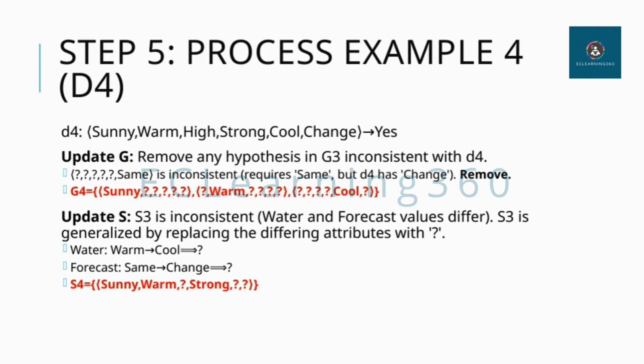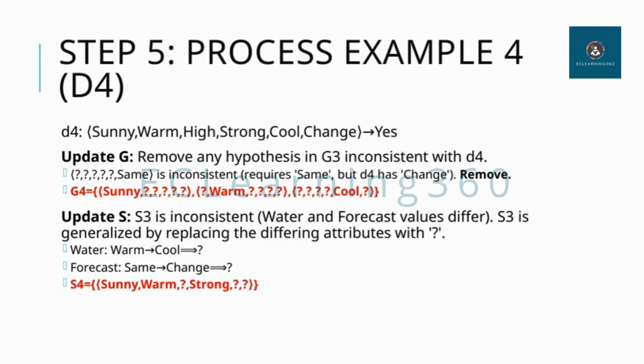For instance, any hypothesis that requires a same in the last attribute, but the example shows change, is incompatible. So we eliminate those. Specifically, the hypothesis doesn't fit because our example has change there. So we remove it from G. After this removal, our updated G, which we call G4, contains hypotheses like sunny, warm, and cool.